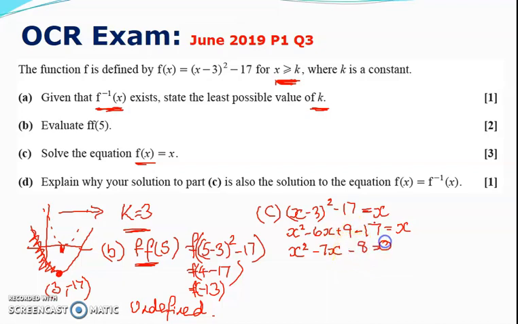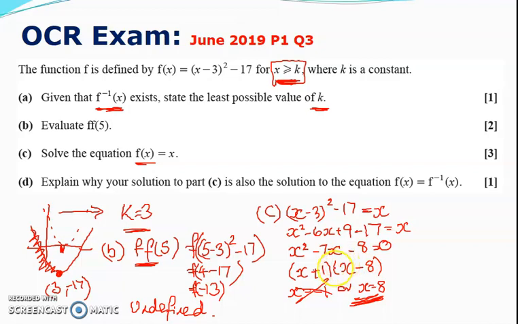Again, you could do this on your calculator, no problem if you do. I'm just going to quickly do it. I reckon it's x plus 1, x minus 8, which gives me solutions of x equals minus 1. Have I done that right? Yes, I have. x equals minus 1, or x equals 8. And of course, remember, I've said all along that this is only defined when x is greater than or equal to 3. So this one actually can't happen, and this is my only solution.